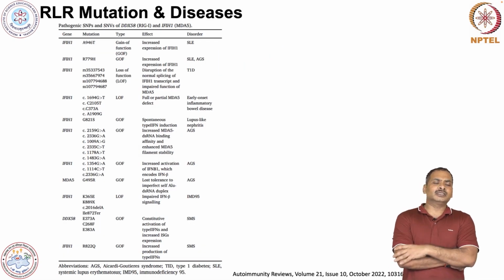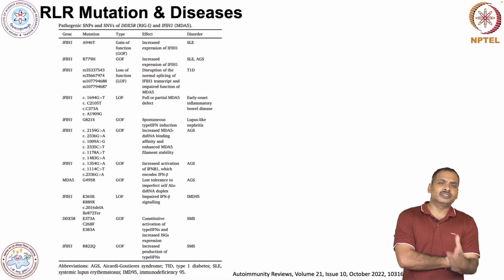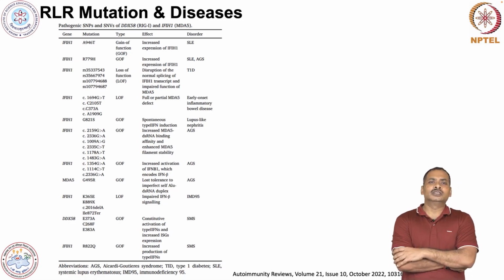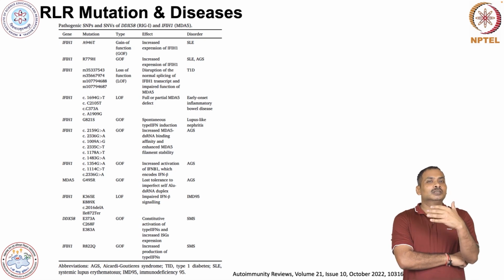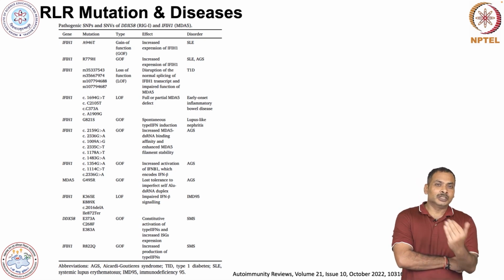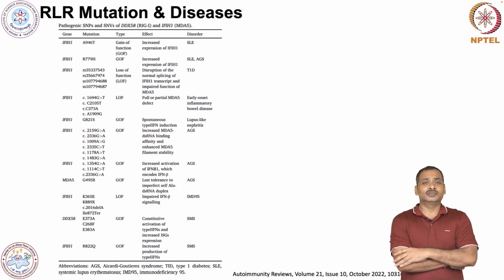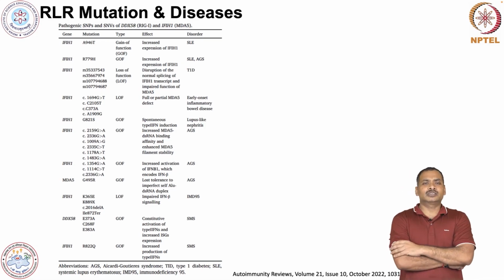So here there is a list of mutations. If you see this slide, there are so many mutations, and if you look carefully, you will find that some mutations result in gain of function. Gain of function means some mutations result in much more activation of these sensors, which means more signaling and more effector responses.